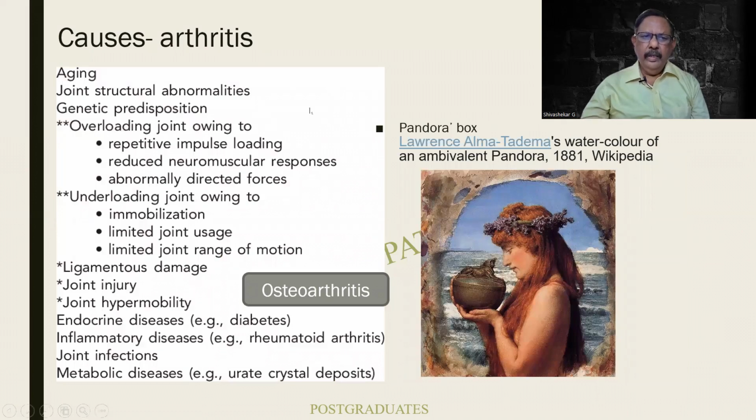This is just to enlist the causes of arthritis. Strangely, the list was without osteoarthritis, which I have included. Also, when we mention the word osteoarthritis, or for that matter, the metabolic diseases of the bone, we are opening a Pandora's box.